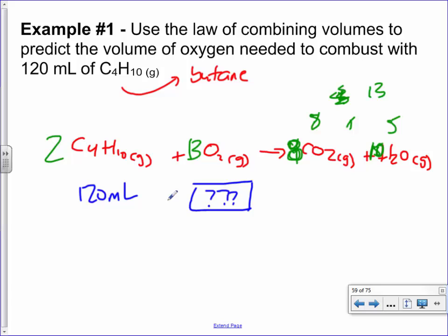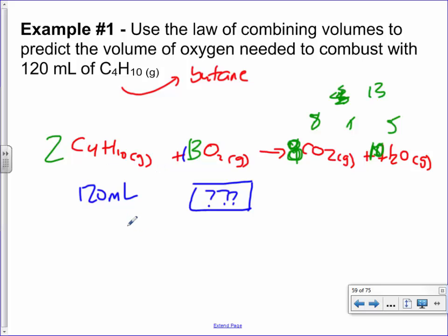If you have 2 molecules of this, you're going to need 13 molecules of this. Does that make sense? Or if you have 2 moles of this, you need 13 moles of this. Avogadro realized that molecules or moles are really equivalent to a volume.